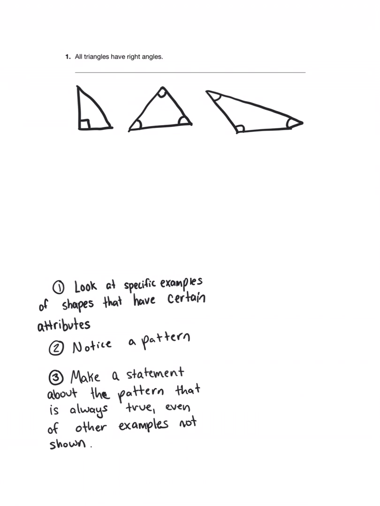Now we're going to make a statement about this pattern. So we can say that although all triangles must have 3 straight sides, not all triangles must have right angles. That is a true generalization based on the shapes that I've drawn below.